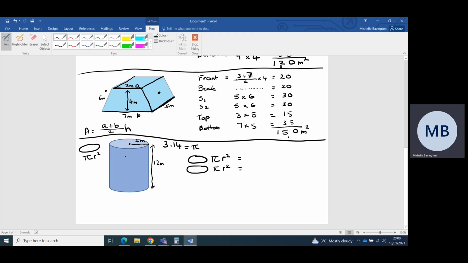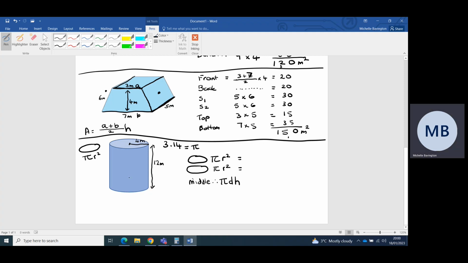And then we have this middle bit in between. Let's call it the middle. And that equals pi times diameter times height. That is the formula to find out the middle bit.